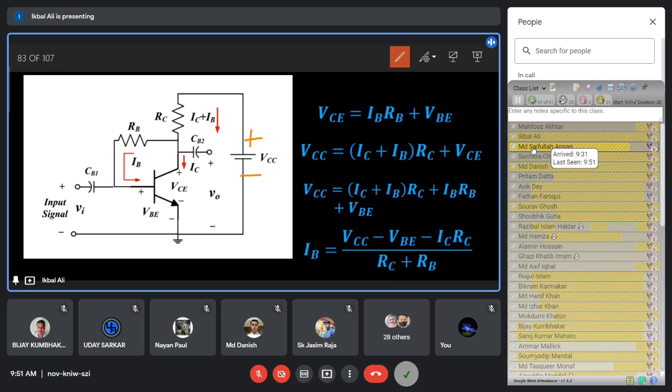The plus terminal is connected through the resistance RC to the collector. It is an NPN transistor, so the collector is N-type material connected through RC to the plus terminal of the battery, and automatically the base collector junction will be reverse biased.